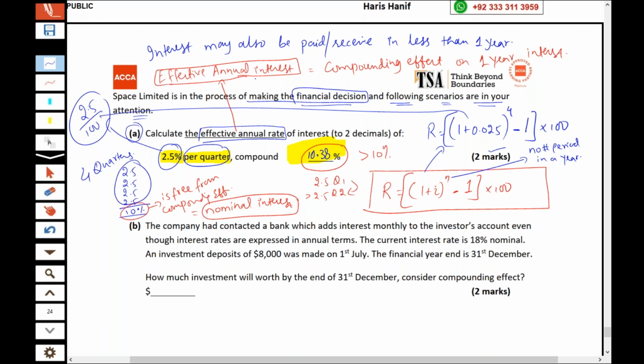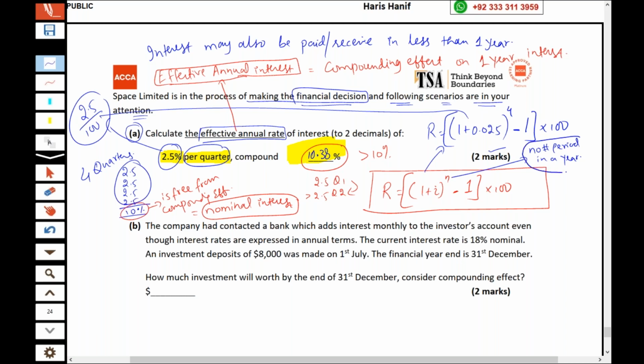Why? Because effective annual interest means in one quarter there will be interest, in the next quarter there will be more interest, and in the next quarter more and more interest. So the interest is more than 10%. And why have we taken this power 4? Because there are 4 quarters in a year.